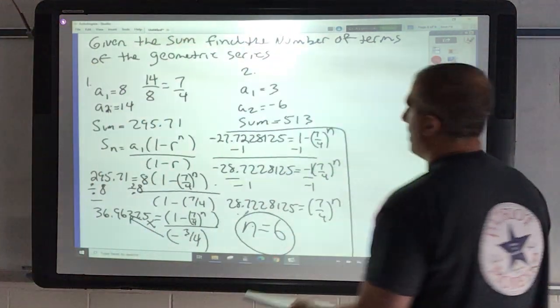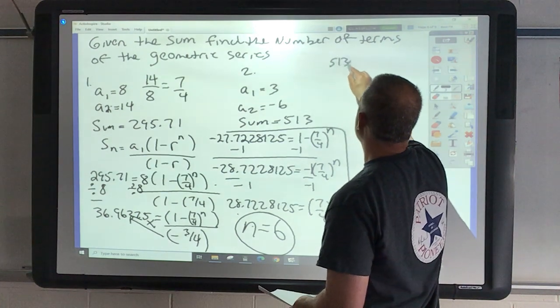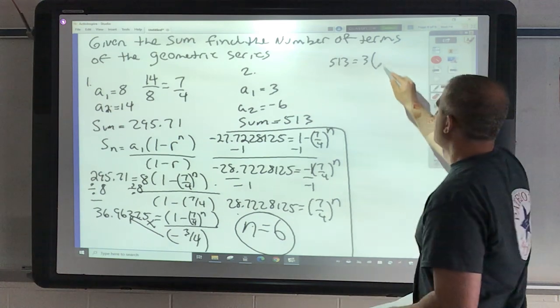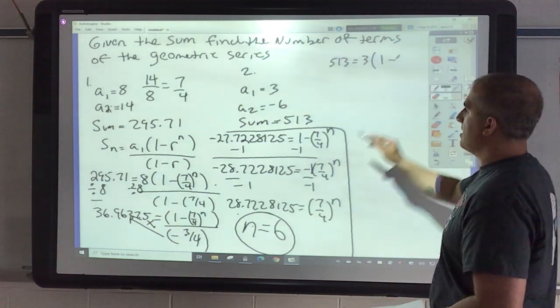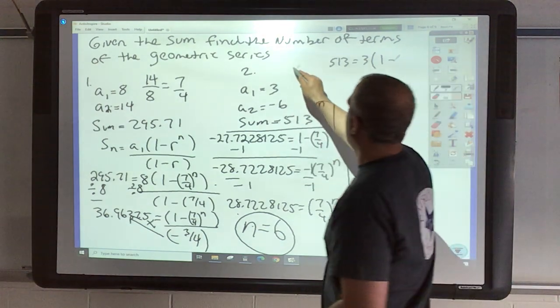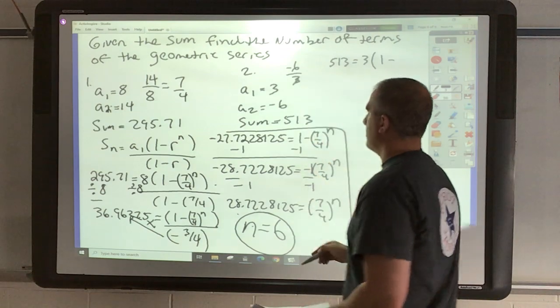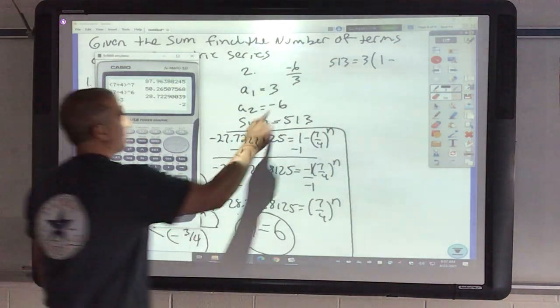Okay, let's do another one together. So what I would have is 513 equaling, let me put that same formula, 3 times 1 minus r to the n. Now, how am I going to find my r? A2, -6, divided by 3 is -2.